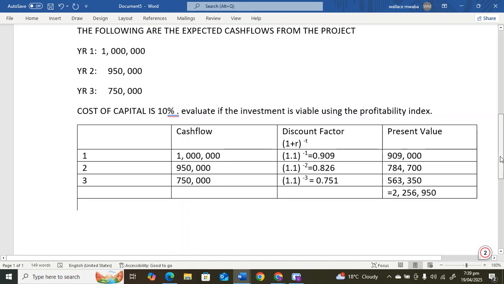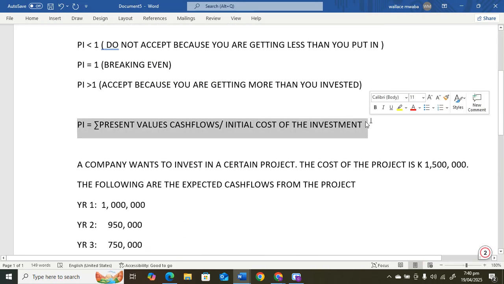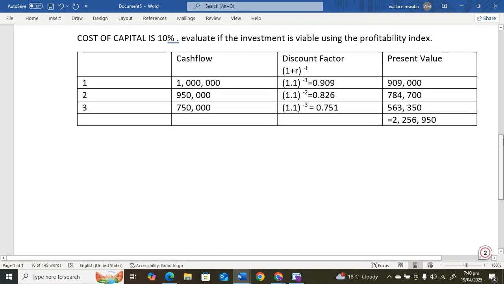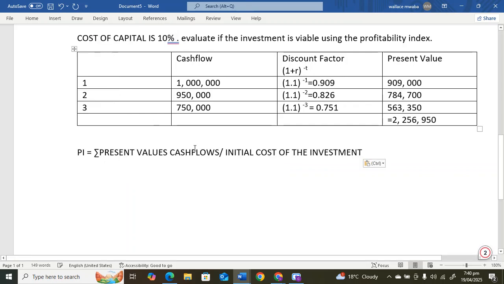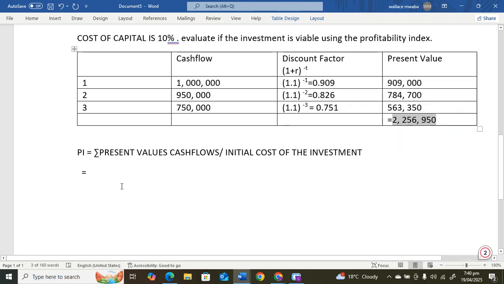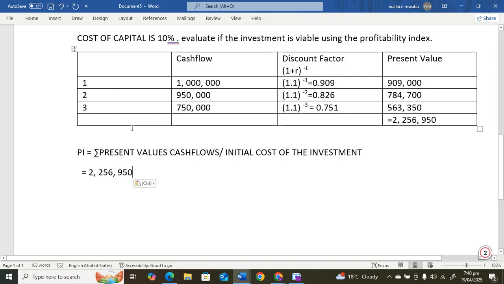Okay. So we get our profitability index, the sum of the present values of the cash flows, 2,256,950 divided by 1.5 million.